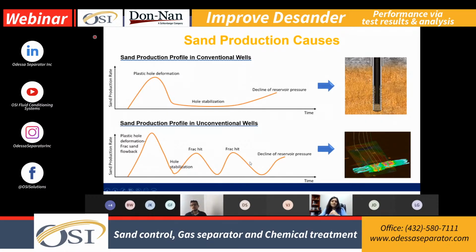Versus your unconventional wells, we can see the trend of your sand production along with the frac hit, which, again, depends on how close the well is, the parent-child interventions that we've talked about. The frac hit is probably good for the production, but not so much for your sand production. And that's where we have so much sand coming in during the lifespan of that well.